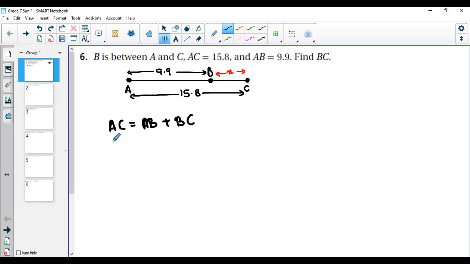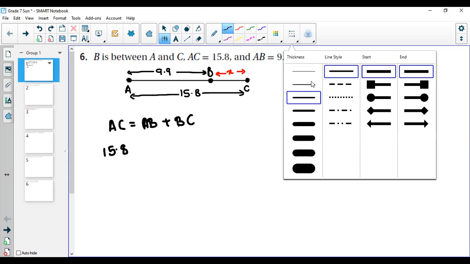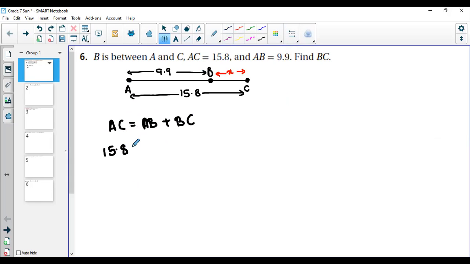AC is 15.8, so just write the values right under them. AC is 15.8 equals AB, which is 9.9, plus BC. What is BC? It is X. My handwriting is not going straight.